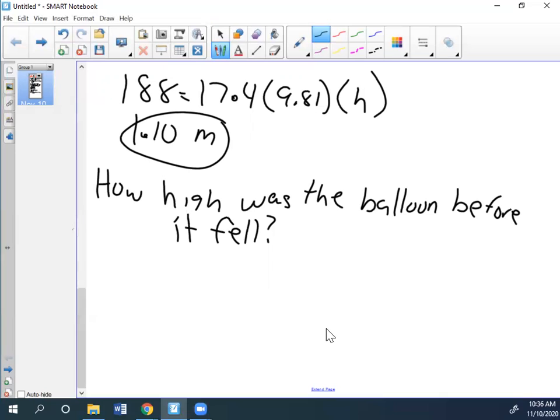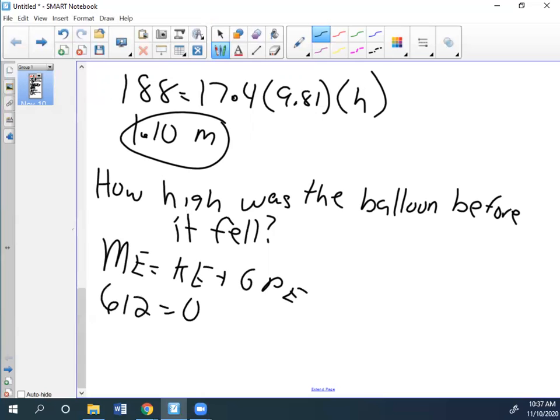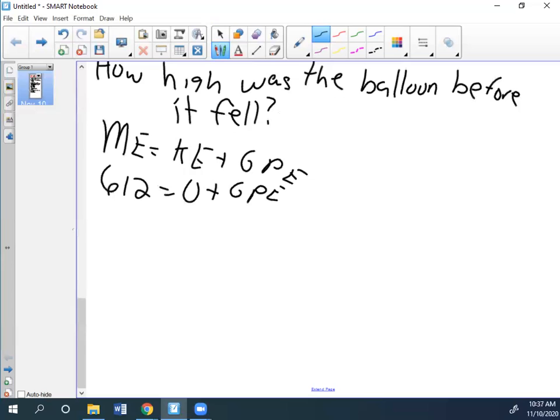So in this one, mechanical energy equals kinetic energy plus GPE. What was the original amount of energy, 612? And I know the kinetic energy was 0. So I know that the GPE, everyone understand how we made that assumption?